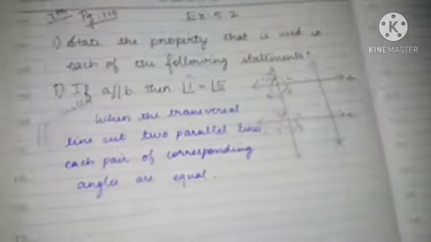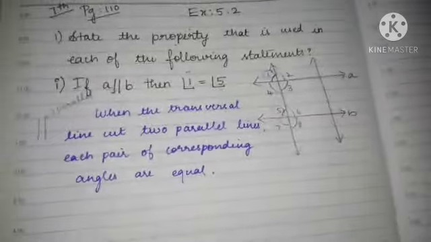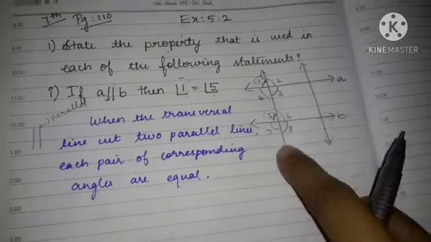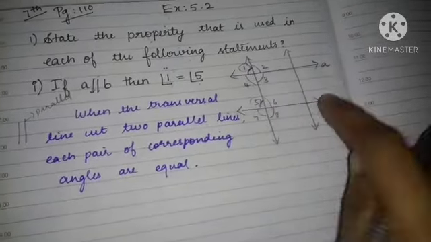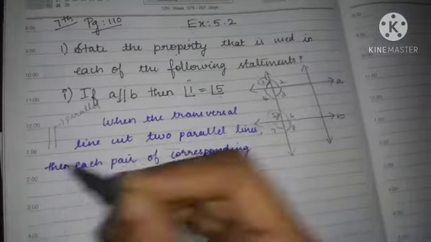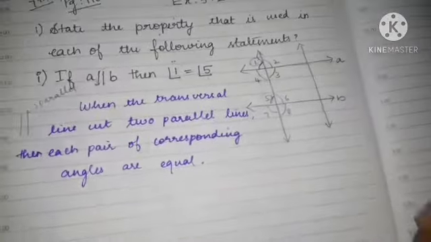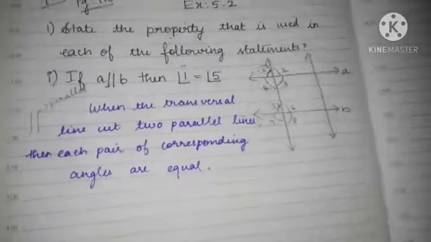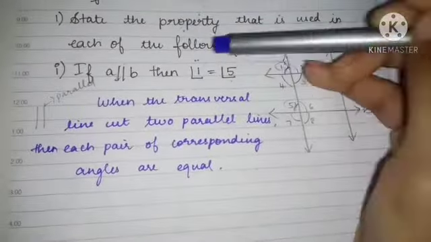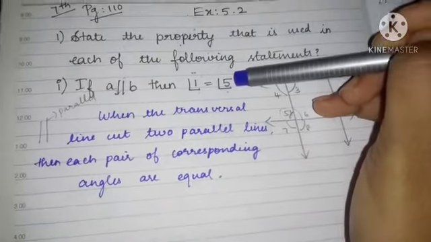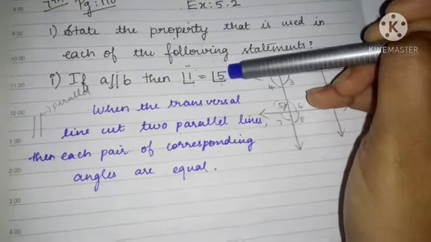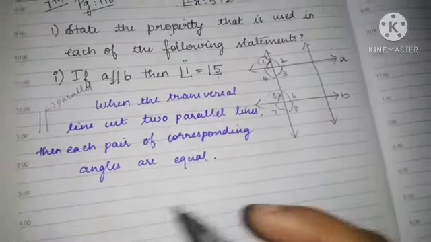This is the property we have used here. When the transversal line cuts the two parallel lines, then each pair of corresponding angles are equal. Based upon that property only, we are saying that angle 1 is equal to angle 5.